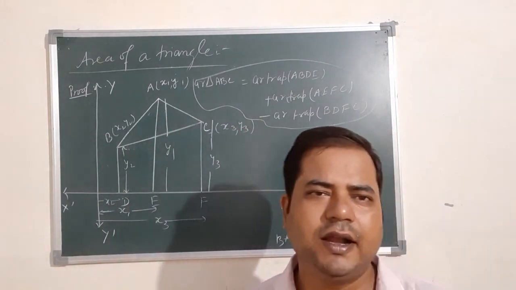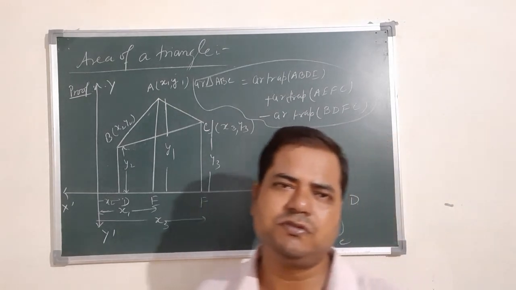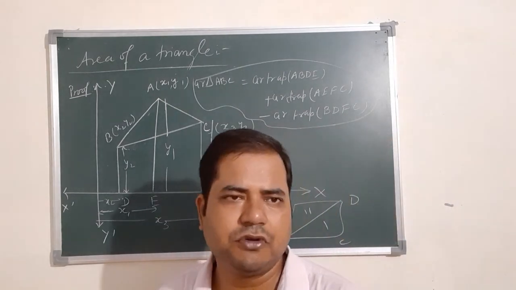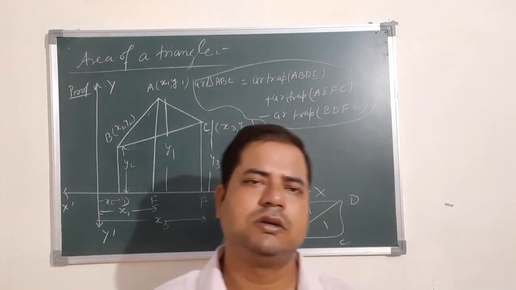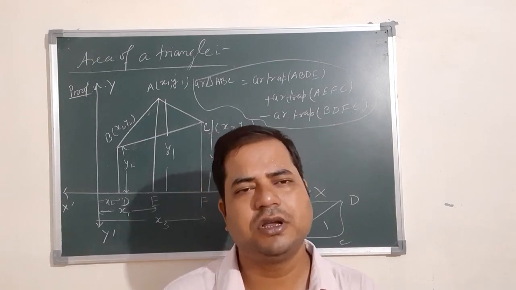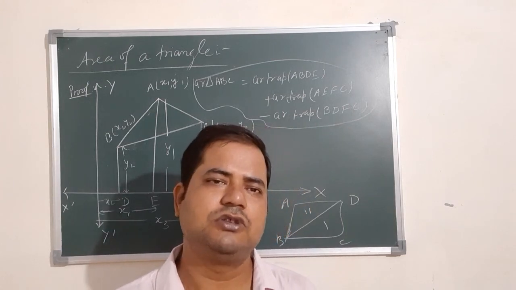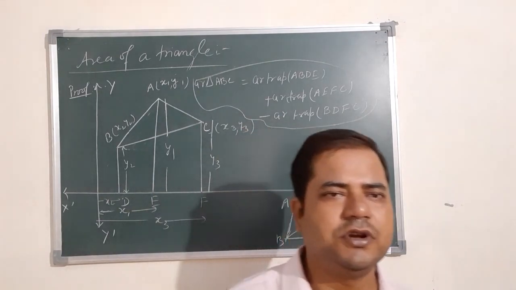Then you just find and sum them, and you will get the area. So thank you for today. In the next lecture we are completing this exercise and also the whole chapter on coordinate geometry. So thank you.